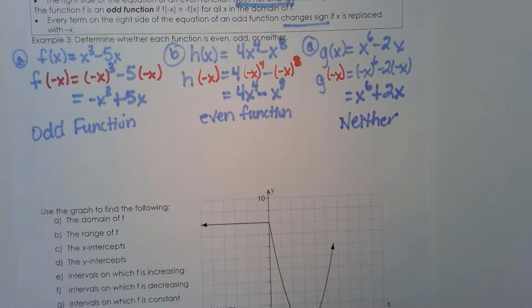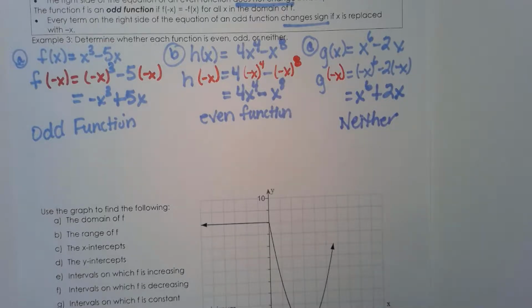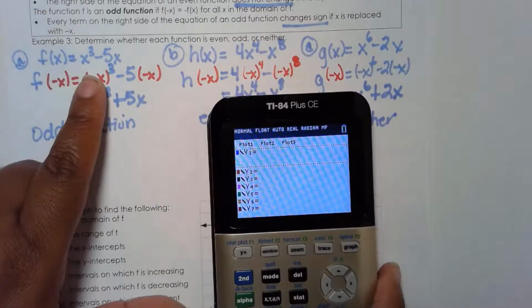So we're going to come back with this concept again, talking about what's an odd function, even function. Now you can definitely just quickly look to see what these equations look like when it says odd or even function. So let's look at the first one here.